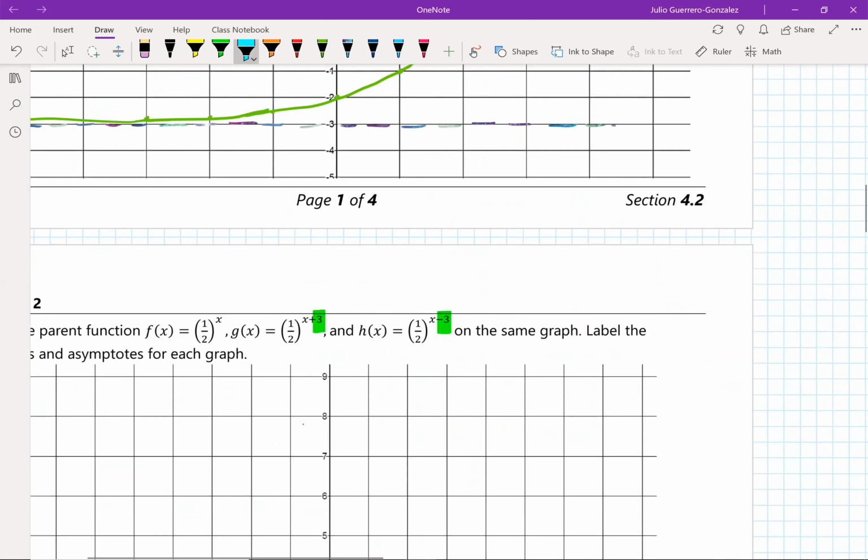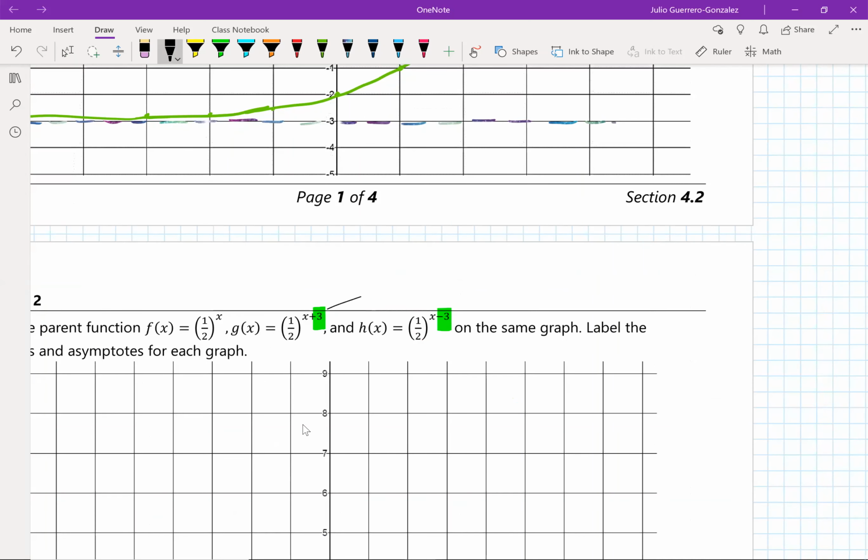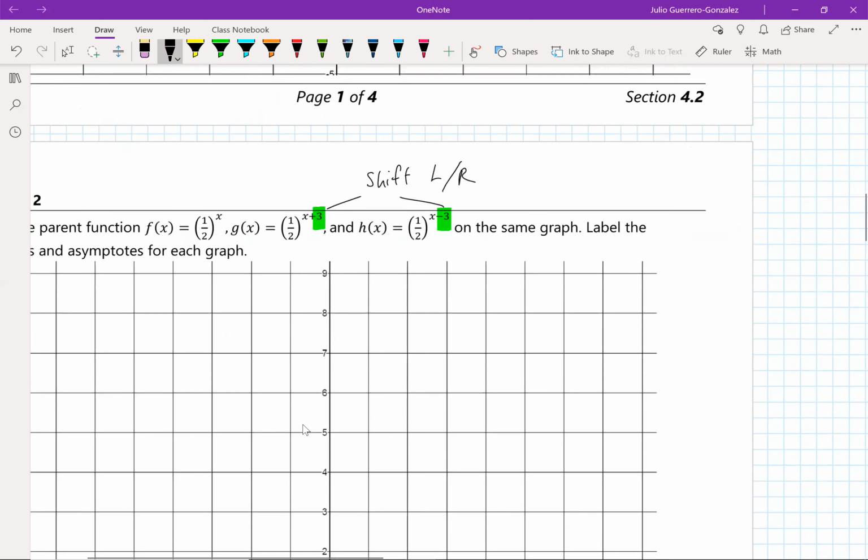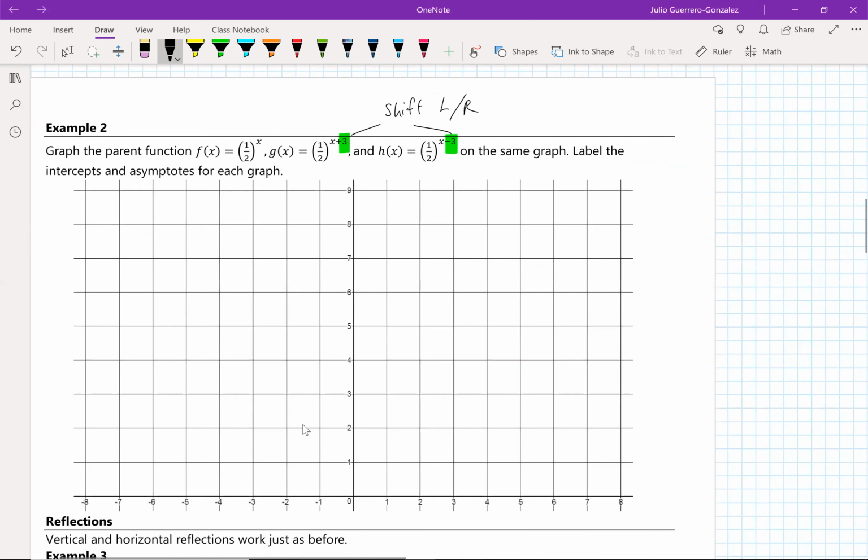Oh, okay. These 3s are your shift left or right, and they work out the same way that they did previously. So what I'm going to do first is graph 1/2 to the x.